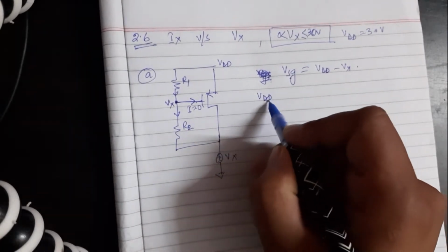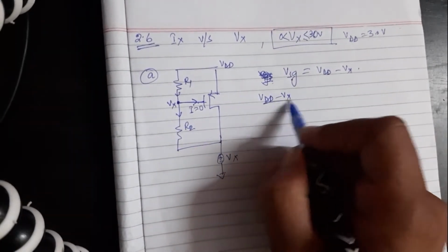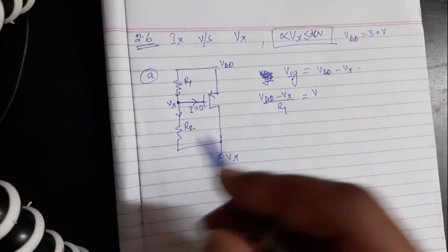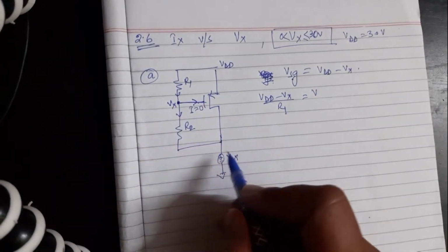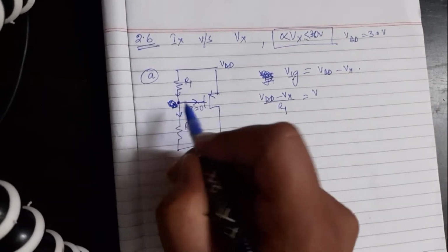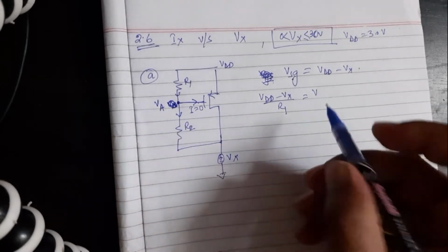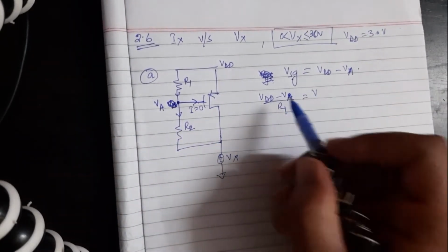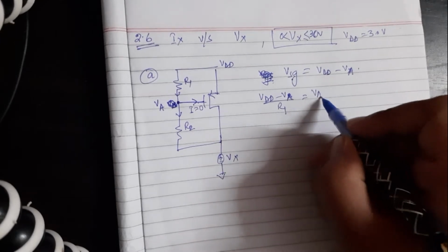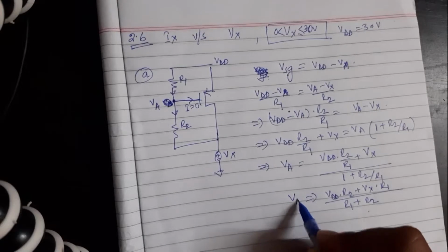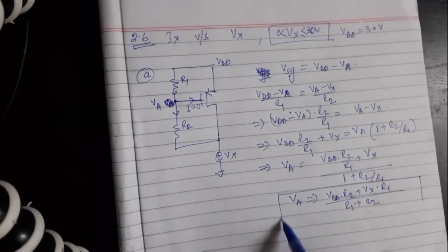So VDD minus Vx by R1 should be equal to, we can't take this as Vx, we should name it something else. Suppose VA. So VDD minus VA by R1 should be equal to VA minus Vx by R2. So this is one equation.